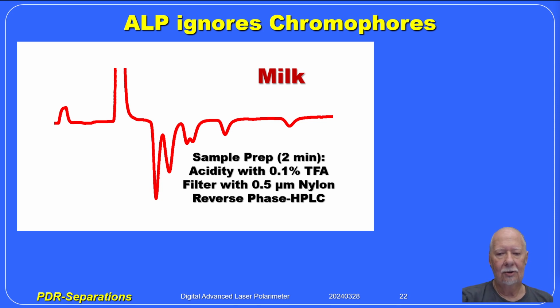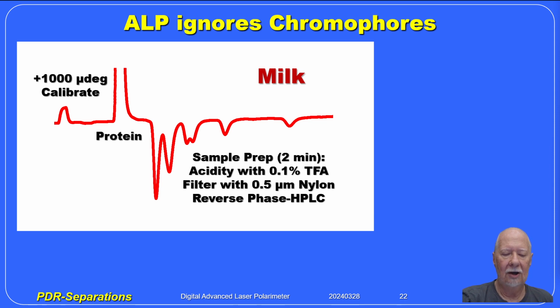Dalp ignores chromophores. Years ago, Dalp was used in a study of tetracycline treatment in milk cows, asking how many days after treatment before the milk is okay. This simple reverse phase HPLC method only required milk samples be acidified and filtered. So first appears the plus 1000 microdegree calibrate peak.